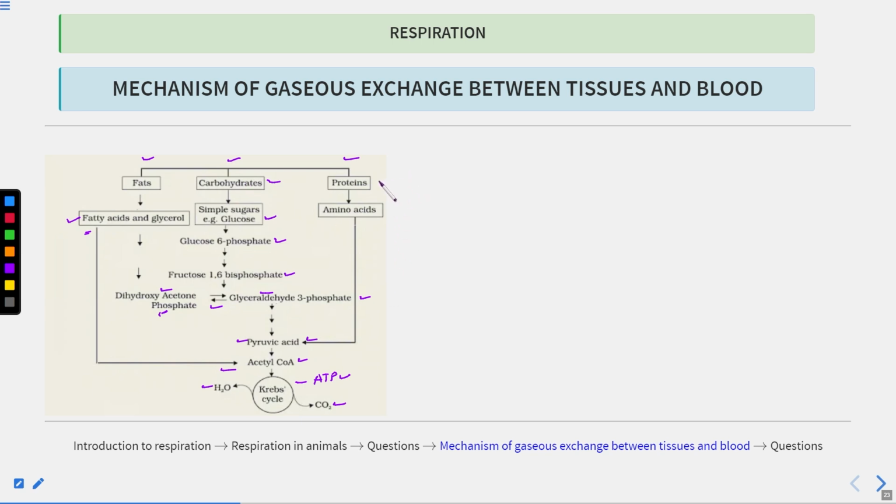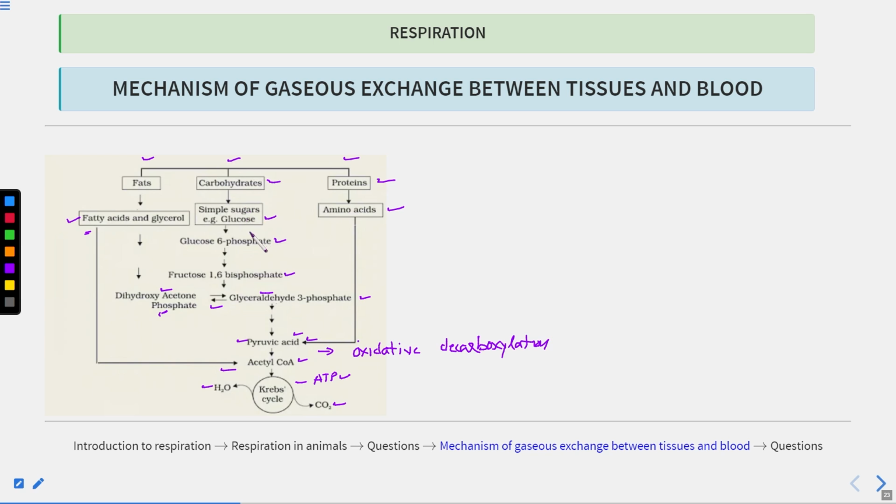Similarly, if we look at the proteins, they are broken down first into simpler form, which are the amino acids. Amino acids can then be converted into pyruvic acid. Then pyruvic acid is converted into acetyl coenzyme A by the process known as oxidative decarboxylation, and acetyl coenzyme A can take part in the Krebs cycle.